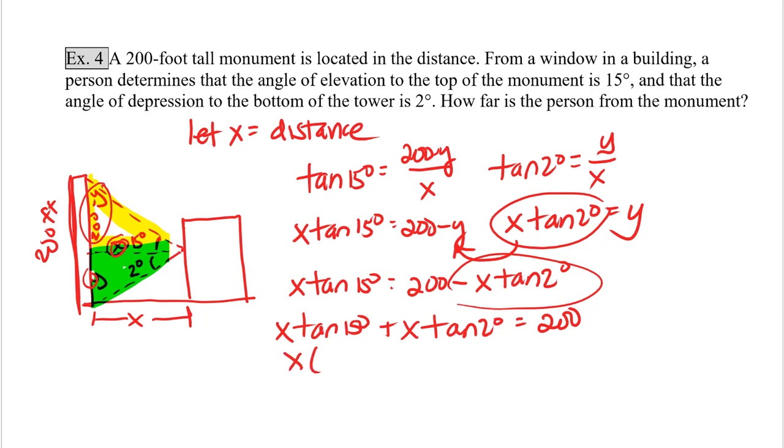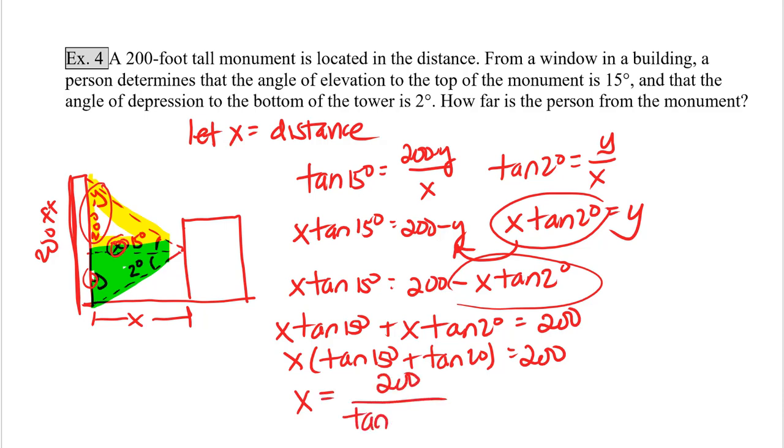I'll factor out an x and I'll have x times the quantity tangent of 15 plus tangent of 2 equals 200, which then leads to x has got to be equal to 200 divided by the tangent of 15 plus the tangent of 2 degrees.